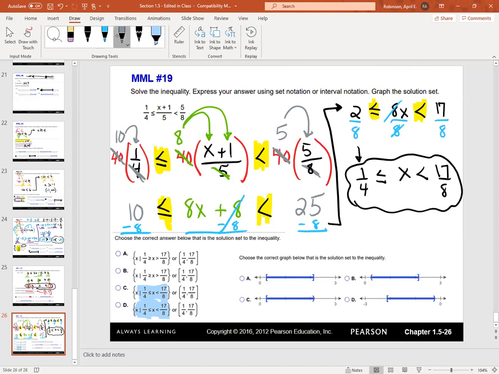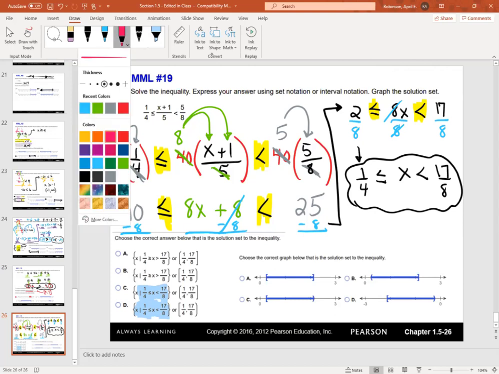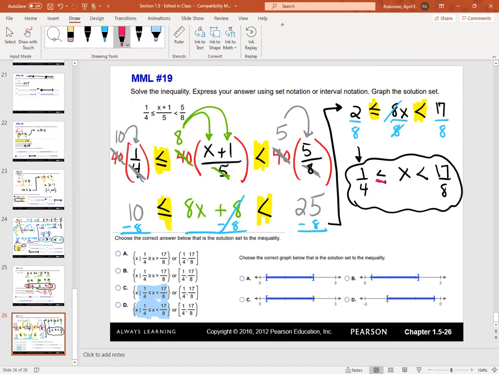If I wrote this as an interval because of the equal to here, I would need a bracket. And then this one's just a less than, so I need a parenthesis. And then of course you'd put the 1/4 here and the 17/8 there. So that would be this one. So it's D.